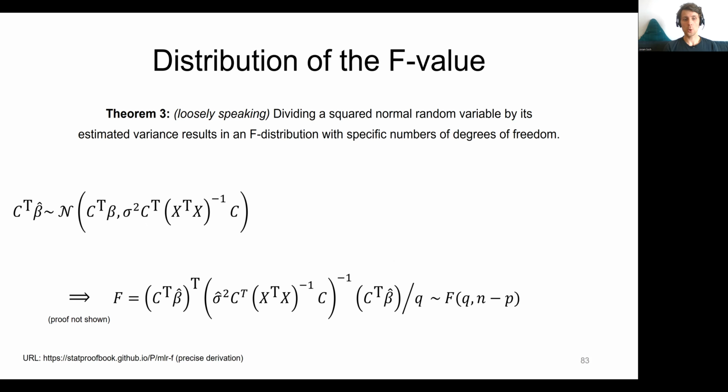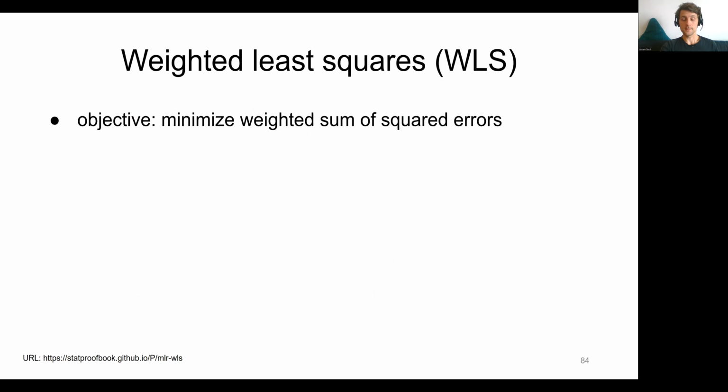So once again, without showing the proof here, this functional form, the contrast value multiplied with itself divided by the covariance of the contrast values, follows an F distribution with numerator degrees of freedom Q, that's the dimensionality of the F contrast, and denominator degrees of freedom N minus P, under the null hypothesis, obviously.